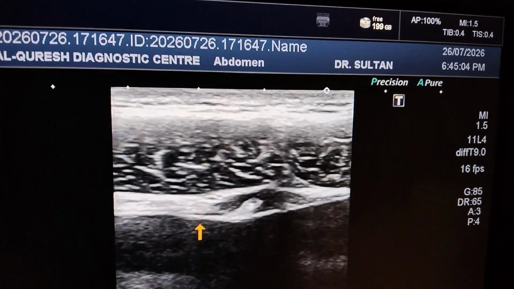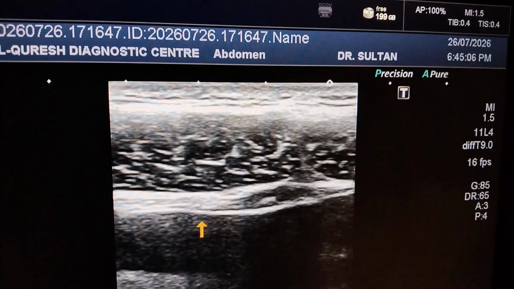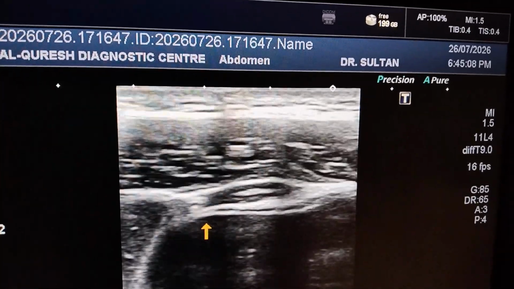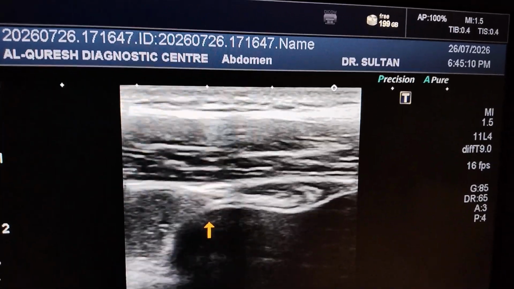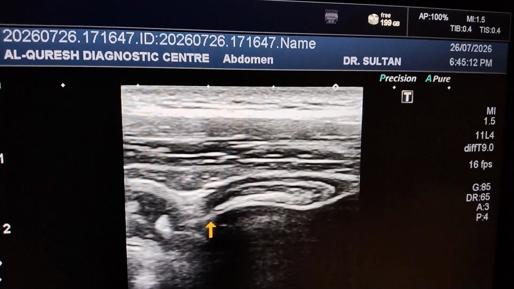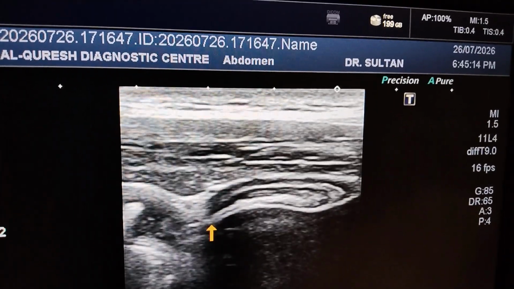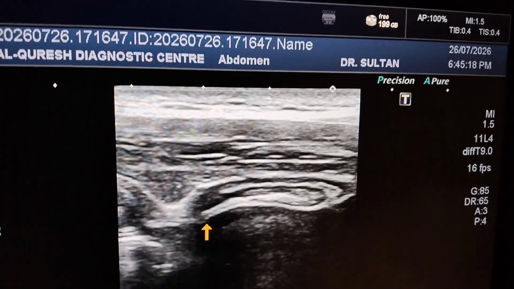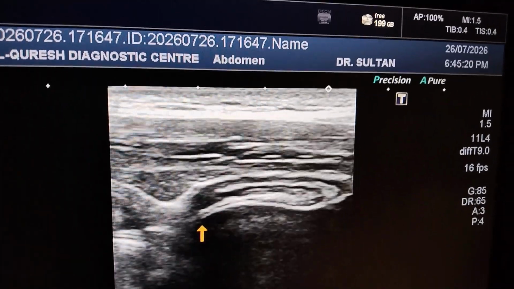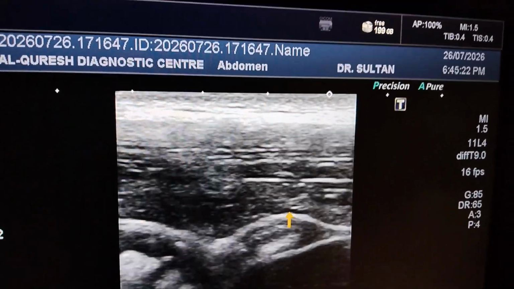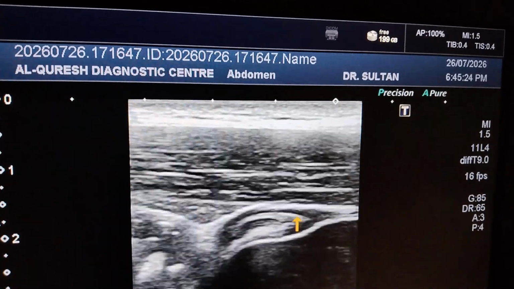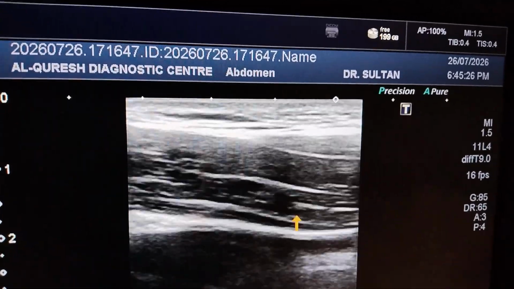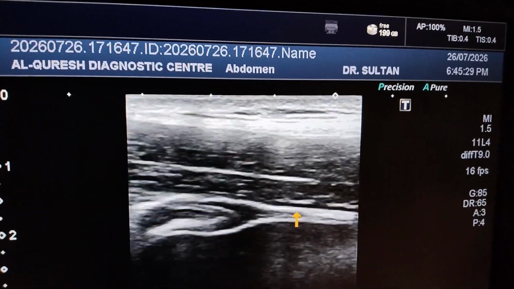So what we have learned is that this is likely the urachal sinus. What is the urachal sinus? That which has the open end from the umbilical side, while it has a closed end from the bladder side.